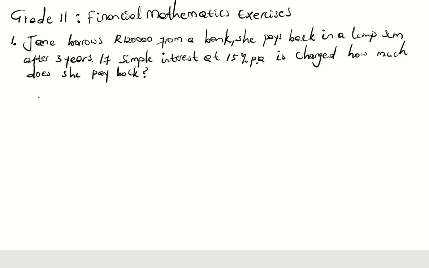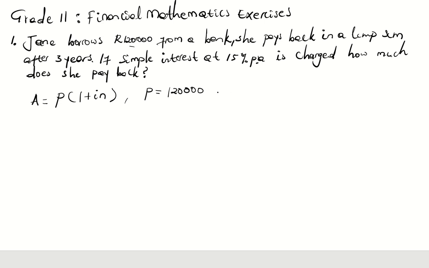Okay, we know the formula for simple interest is that the accumulated amount is the principal amount multiplied by 1 plus i n in brackets, okay? We just have to identify the parameters. So the principal amount is what she borrows, right? It's this amount, 120,000 Rand.